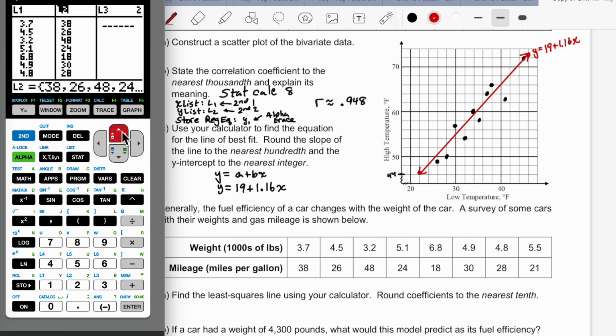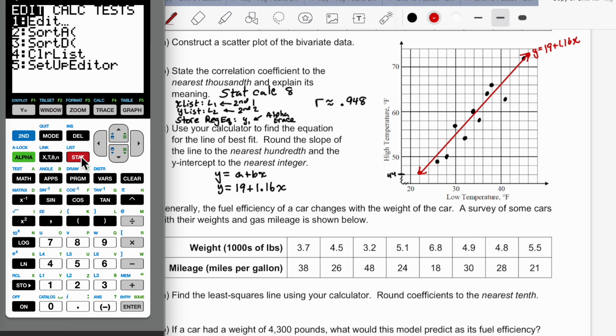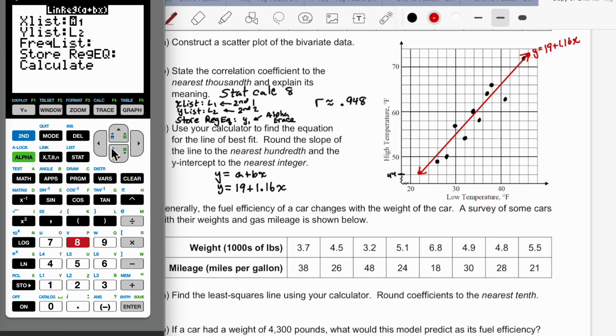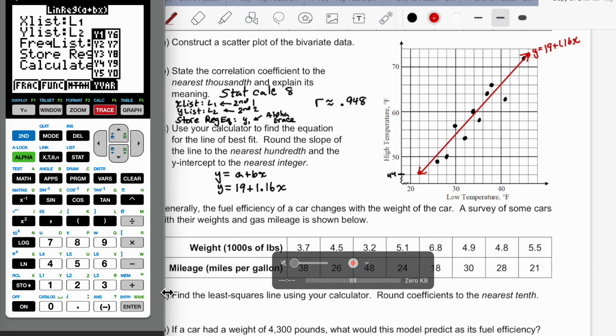We're going to find the least squares line. So I'll quit out of here, second mode. Stat, calc, 8. Under store regression, we're going to hit alpha, trace, y1.